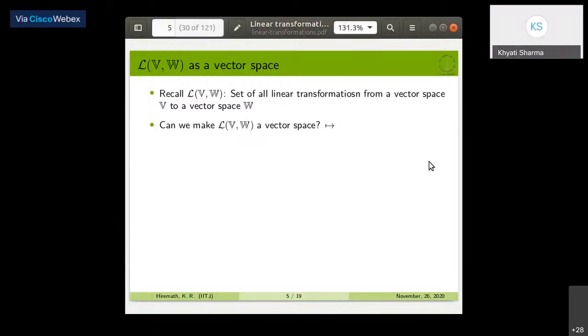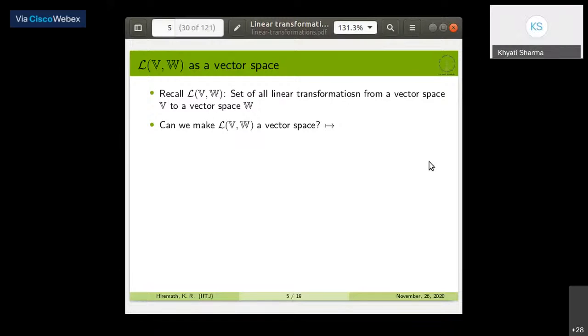If T1 is a linear transformation and T2 is, then T1 plus T2 should first of all be a linear transformation. That is the first operation, the addition of any two linear transformations. And then the scalar multiplication: when we multiply a scalar with a linear transformation, it should again be a linear transformation.